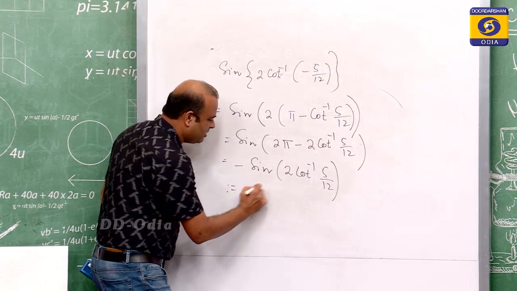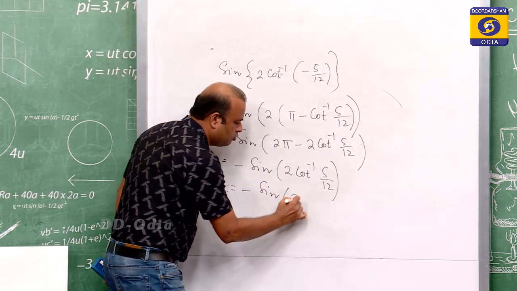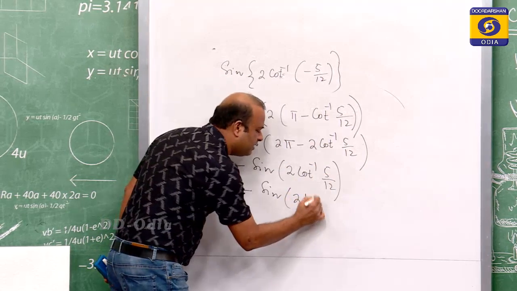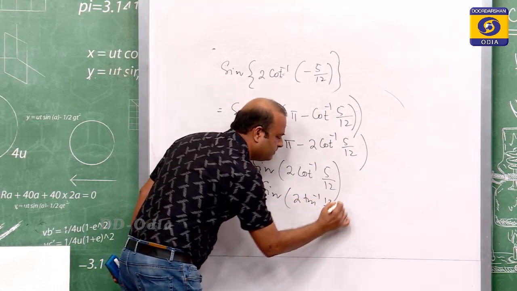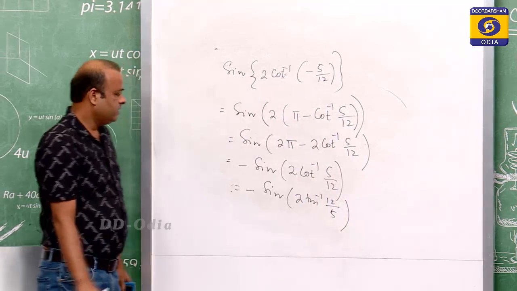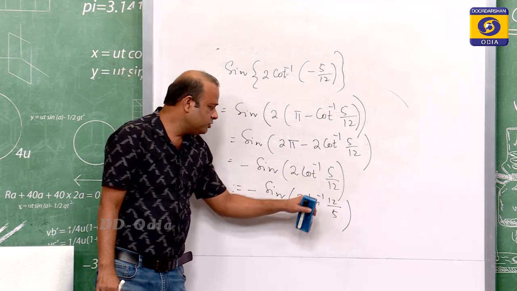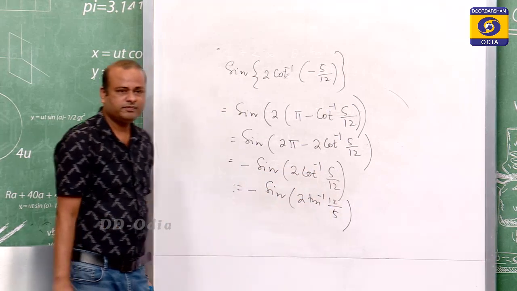So now minus sine 2 cot inverse 5 by 12, where 2 cot inverse 5 by 12 is your tan inverse 12 by 5, right?